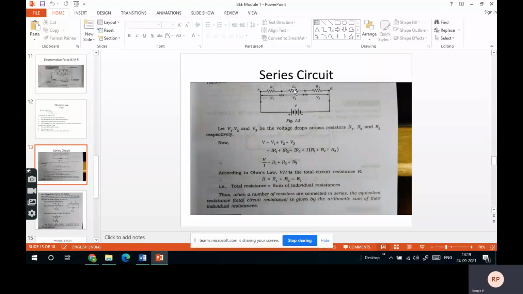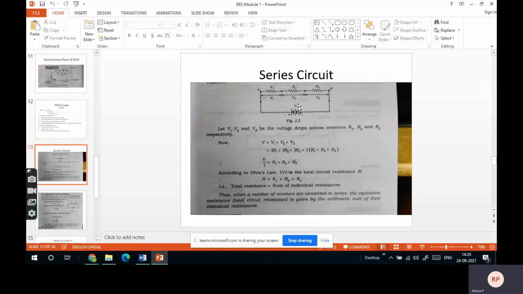Similarly across R2, again a small amount of voltage will be different. Across R3, the V3 will be different. So in the series circuit, the voltage at each and every terminal will be varying because it is connected in series. But the current remains the same because the same amount of current flows through R1, R2, R3. There is no division of current here.